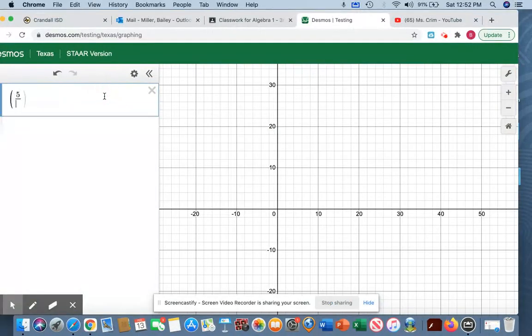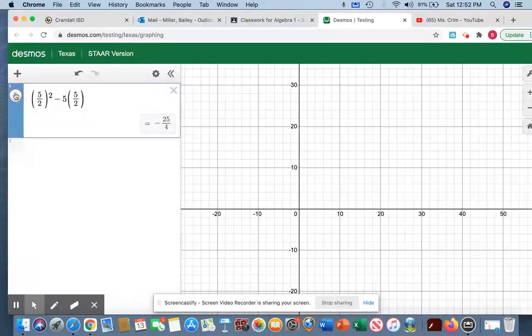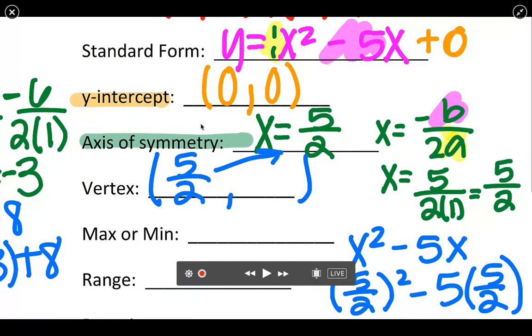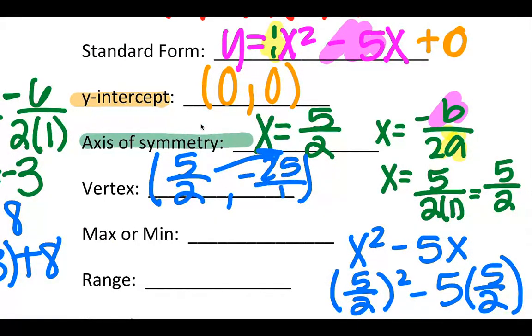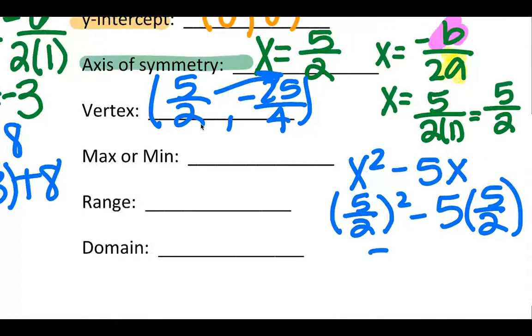I've got 5 divided by 2, square that whole thing, minus 5 times 5. Oops, that's not divided by 2. And I get -6.25, or if you want it as a fraction, -25 over 4. So this equals -25 over 4.